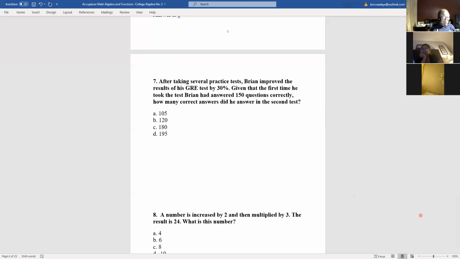So you can eliminate A and B. Now, how do you think you would solve it? Let me just say correct answers in second test, what would that be equal to? What would I put there?